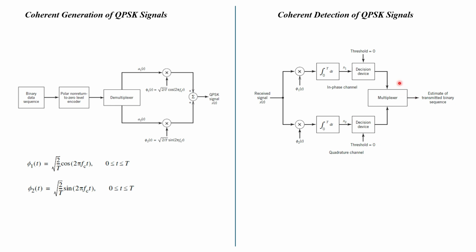So this 1 1 is available at the output of the multiplexer. Similarly, for other combinations 0 0, 0 1, 1 0 and 1 1. That is how the QPSK signal is detected, and the binary signal is recovered.